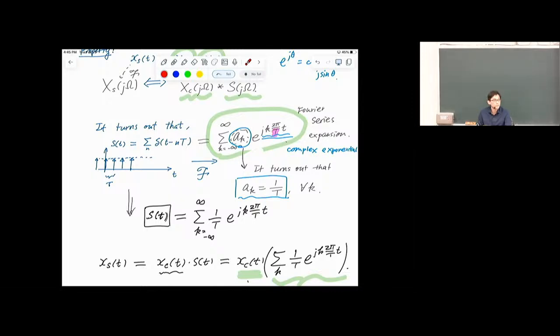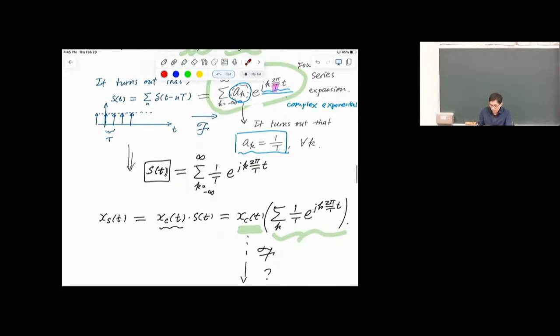Remember that we say sampling is nothing but multiplying our signal with S of t. So let's just substitute S of t by this expression, where the summation index k goes from minus infinity to infinity, summing over all integers.